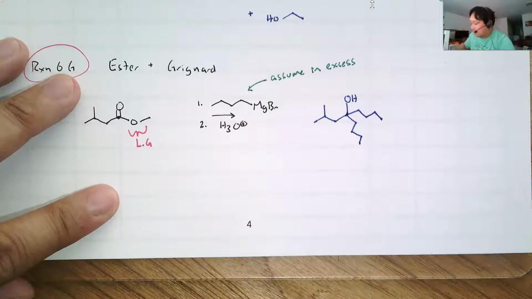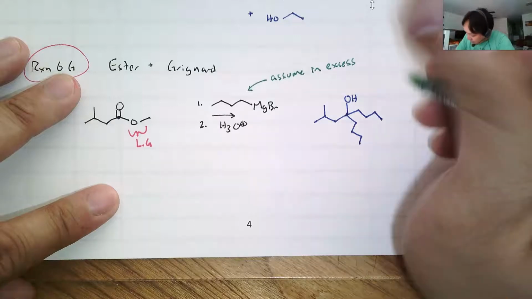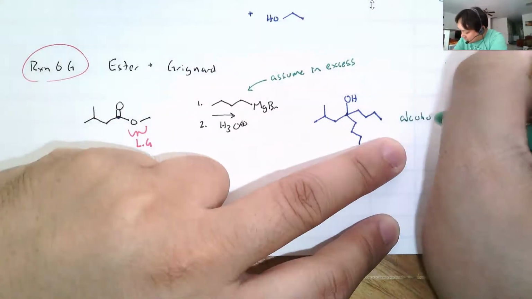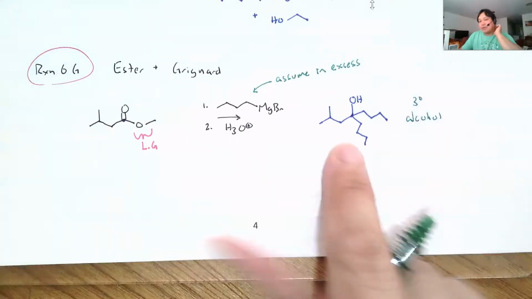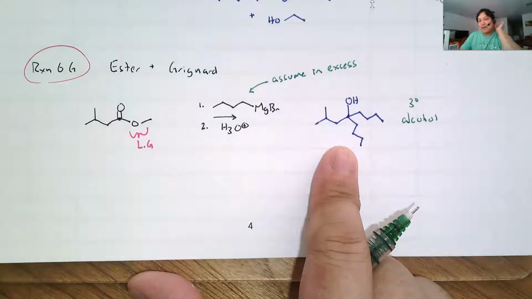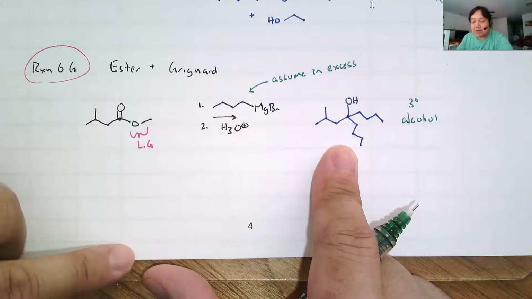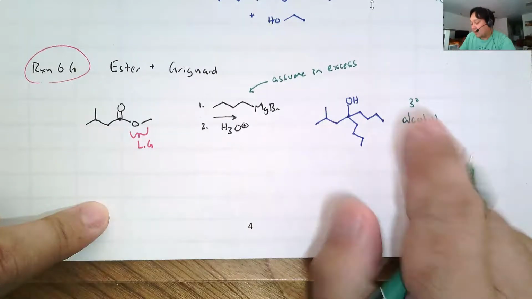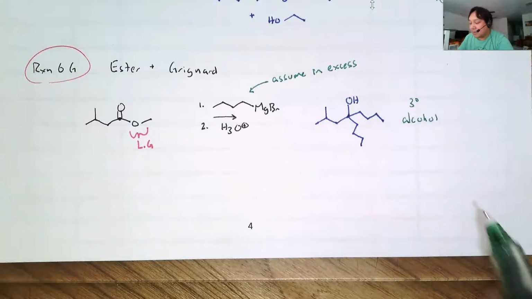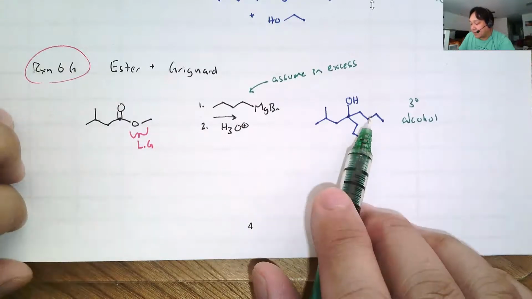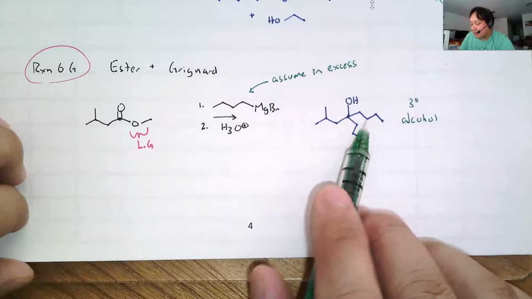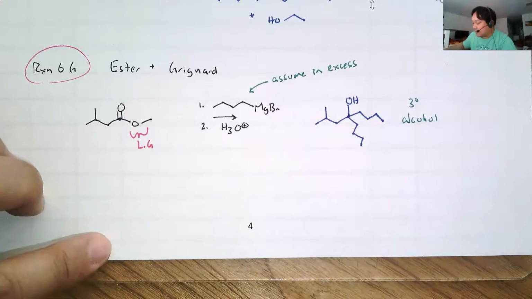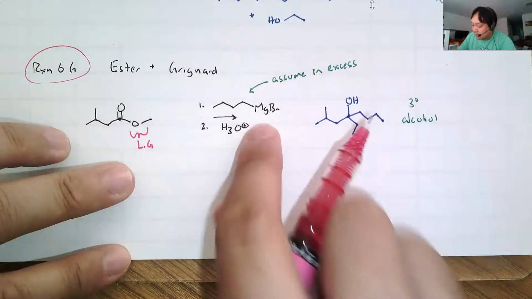Whenever you see a tertiary alcohol and 2 of the groups are the same, then you can make that tertiary alcohol using an ester plus Grignard. And later on you'll see that these 2 groups came from the Grignard reagent. Okay. Just a little note.